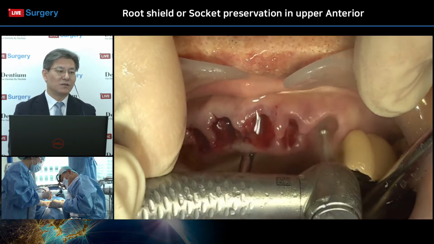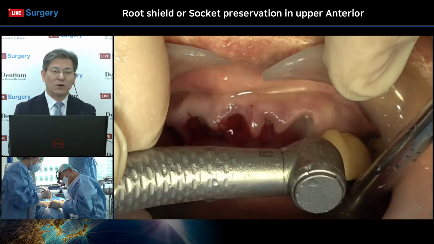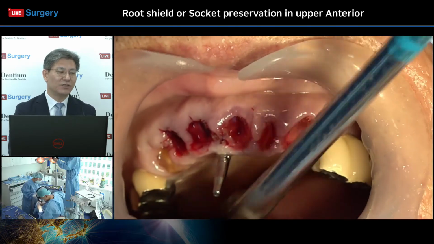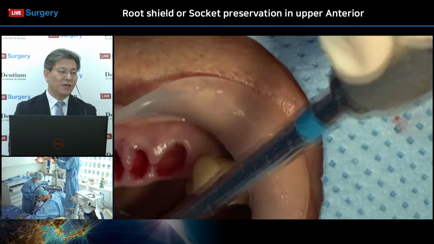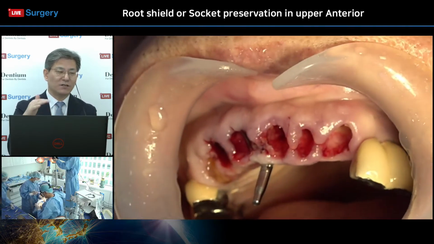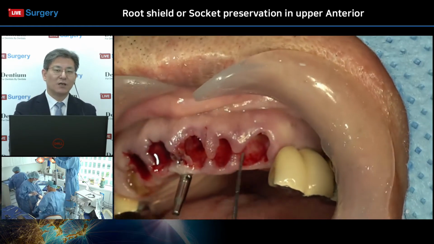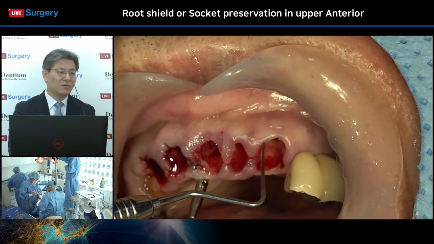So those four are the different categories of socket shield technique. But today, the labial, the semilunar type or half C type is the most popular.